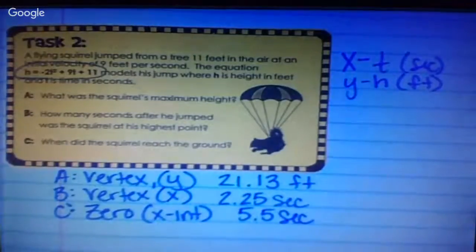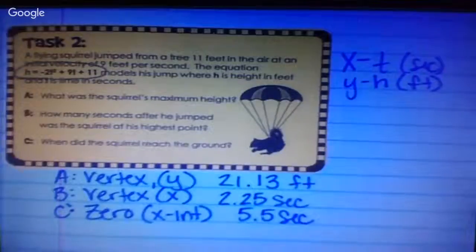So what was the 11 for? It was the 0 and this. That's saying that your squirrel started at 11 feet in the air. When the squirrel started flying, it was already 11 feet in the air.